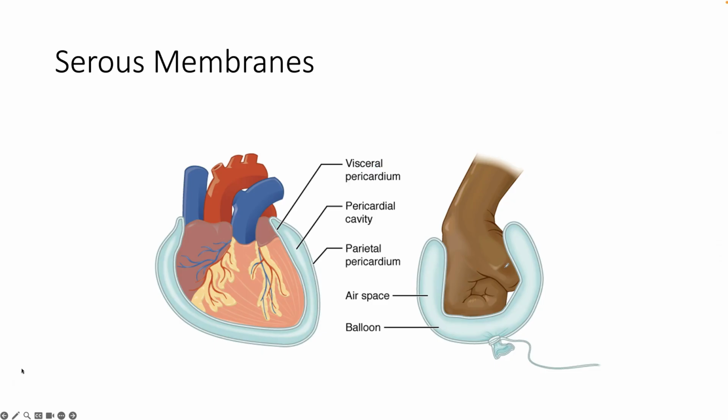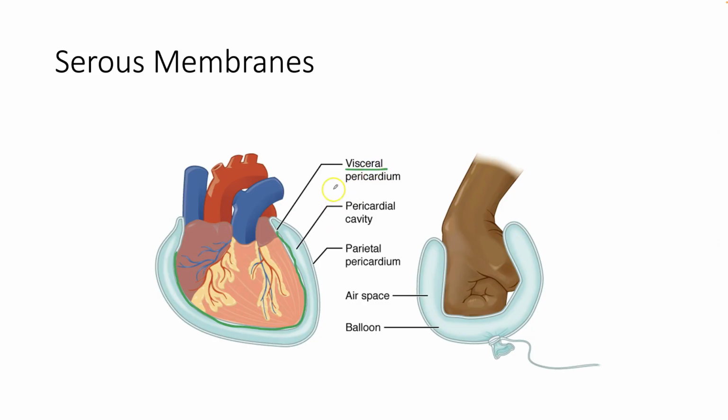Okay, now we're going to focus on the serous membranes. Remember, these are found within the ventral cavity, and we're going to look at the heart. This is an example. What I want you to see is that there are two different layers to this membrane. One layer is against the viscera or the organ, in this case the heart. This layer, which I'll highlight, is called the visceral layer.